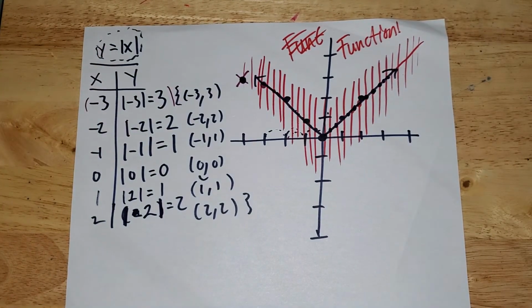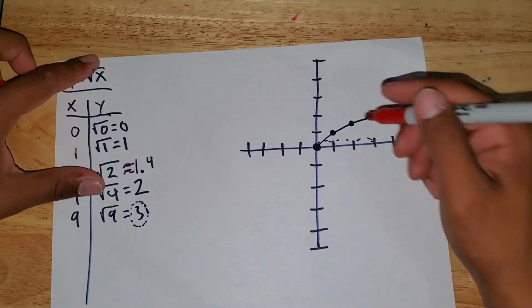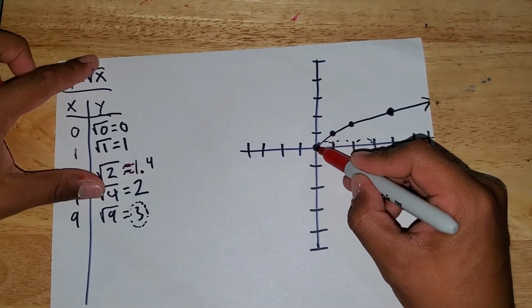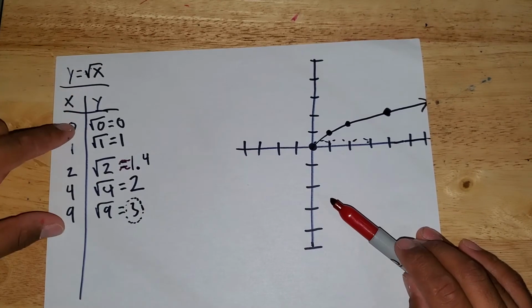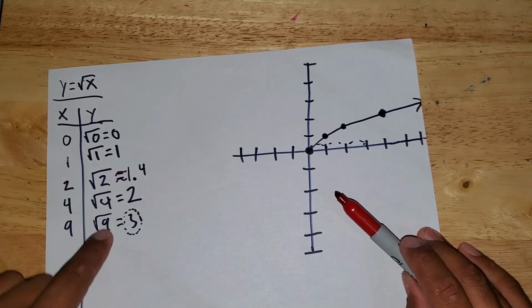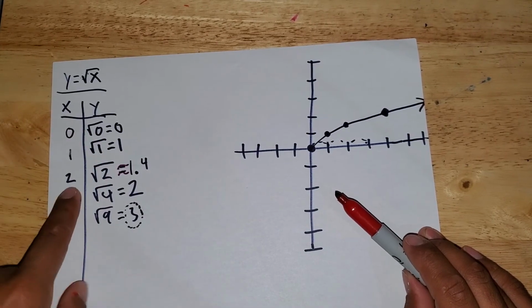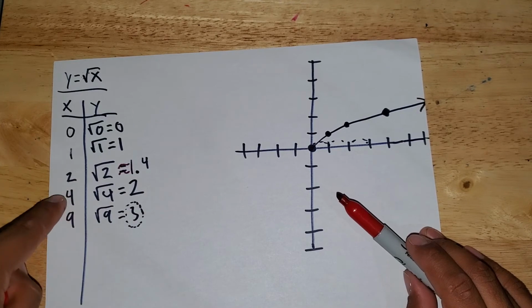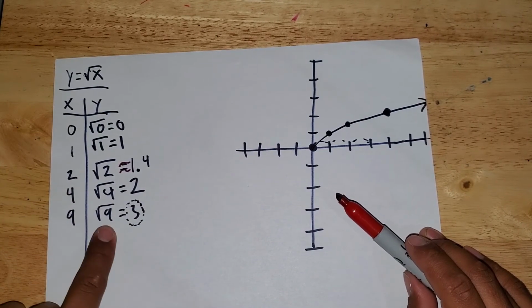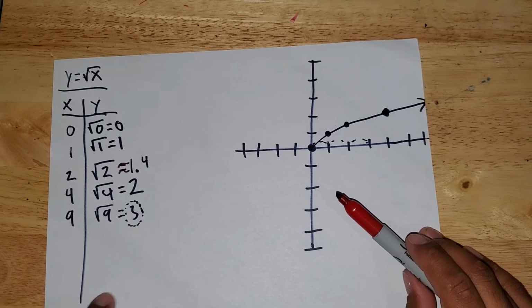That's pretty fun. Here, I have some other ones that we looked at. This was the square root. So again, I know it stops here, and then it continues that way forever. If I look at the ordered pairs, I plugged in 0, 1, 2, 4, because these are nice numbers, and it's just easier to use nice numbers. Another square root that we know would be the square root of 16, square root of 25, 49.